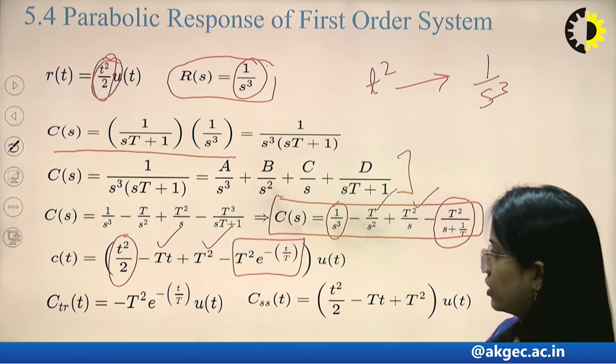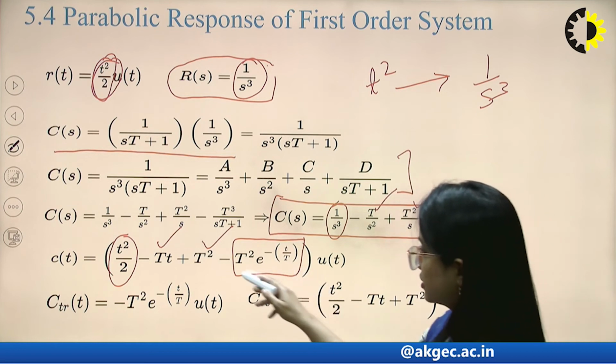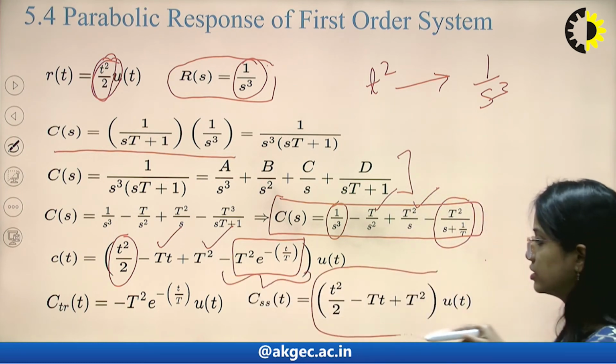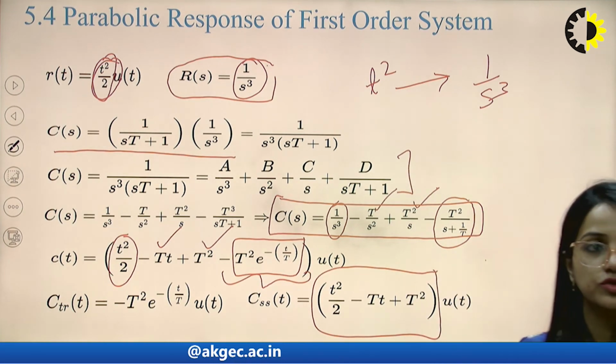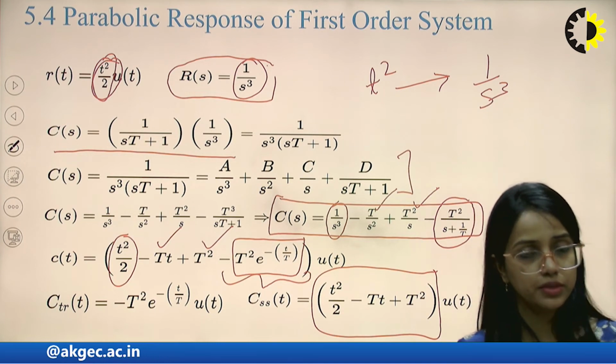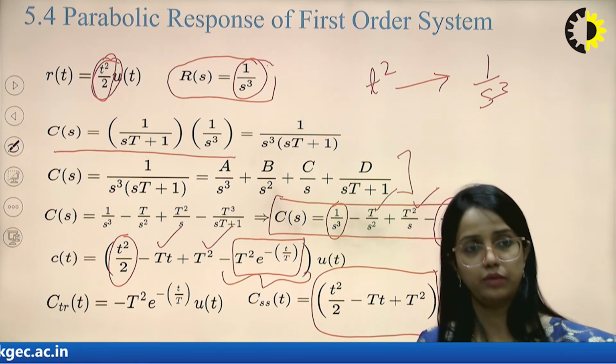Needless to say, this gives me the transient behavior, whereas this gives me the steady state behavior. So this was the response of the first order system for unit impulse, step, ramp and parabolic.